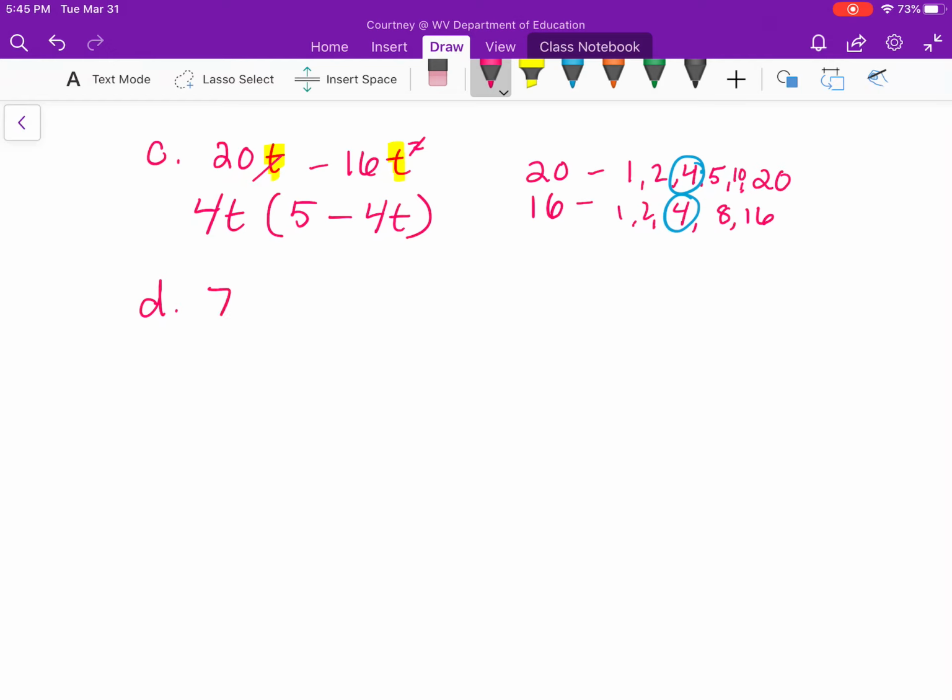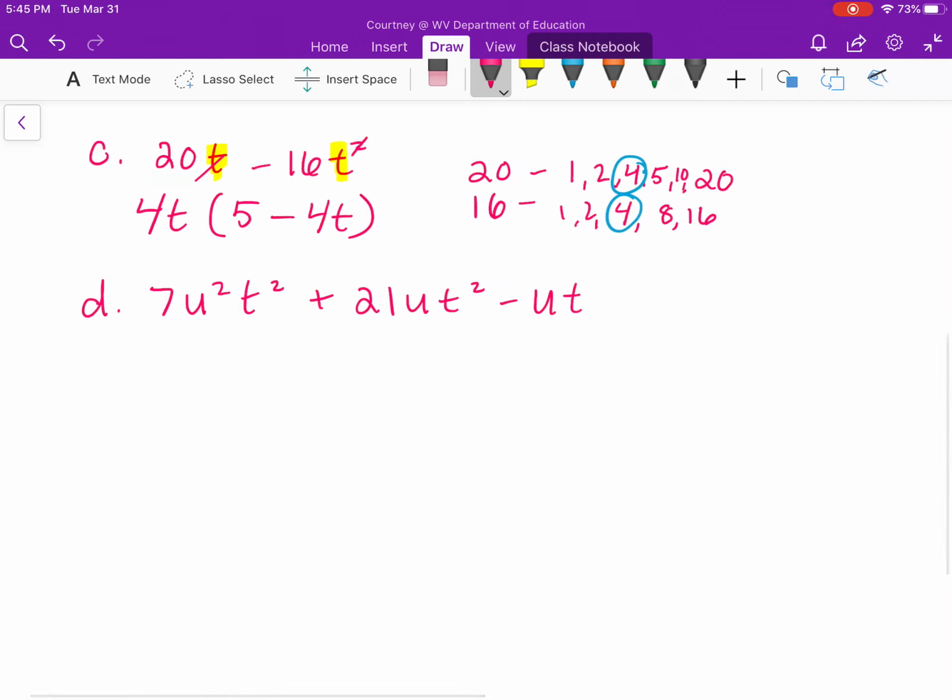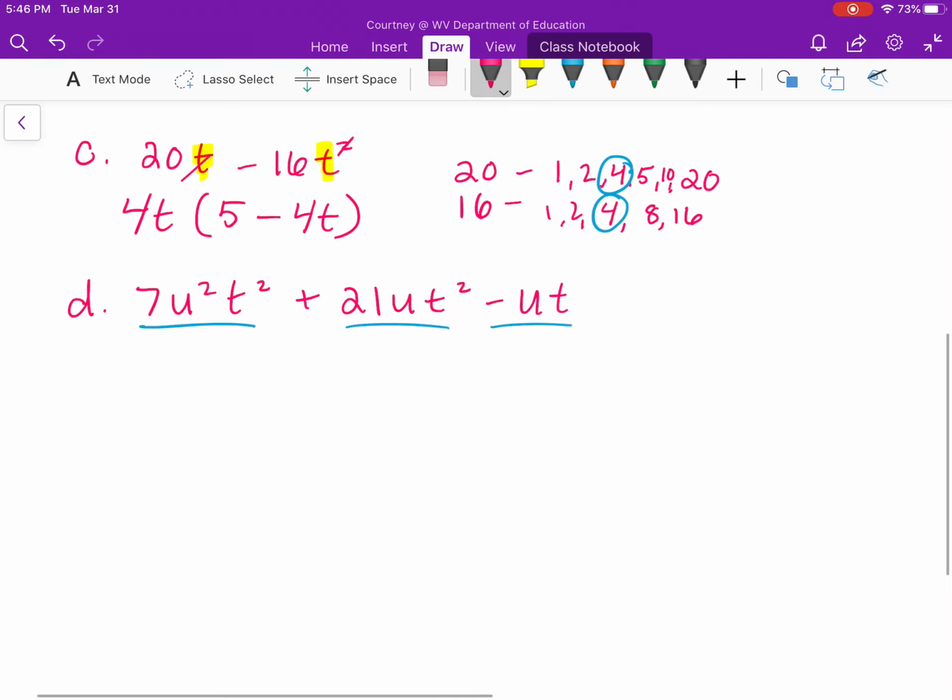This one's going to be a little bit harder. 7u squared t squared plus 21ut squared minus ut. Okay, so let's list all of these coefficients. We have 3, we have a trinomial here.